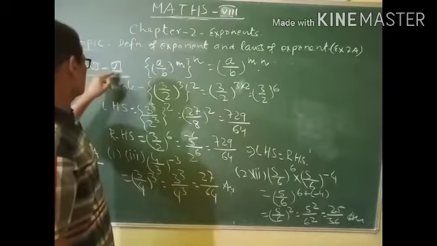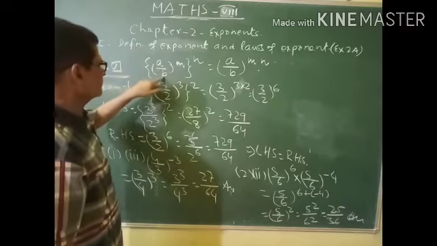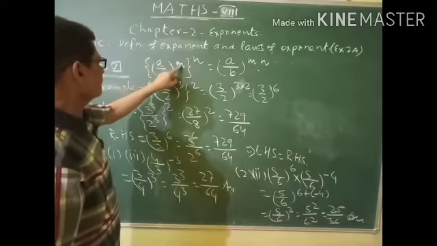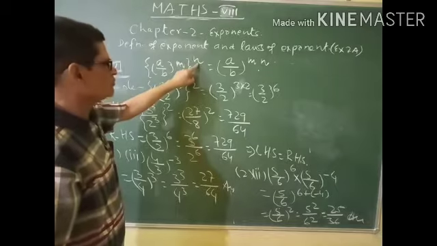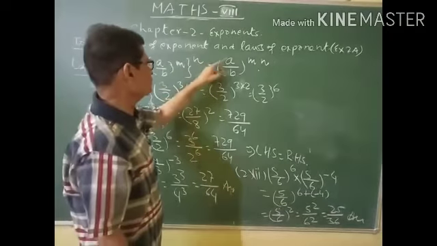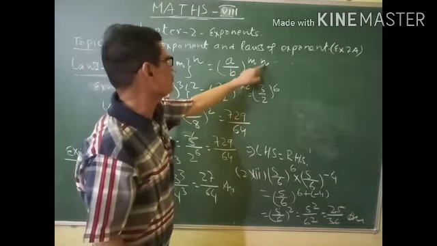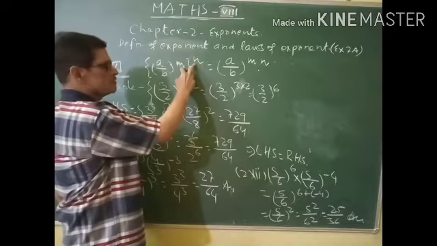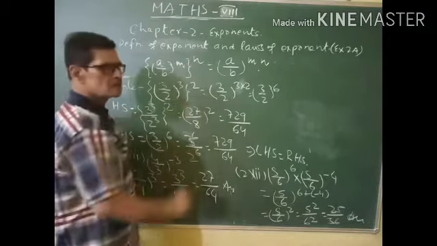I am explaining you law number 6. Law number 6 is ((a/b) to the power m) in the bracket, whole to the power n. This will be equal to (a/b) to the power m into n. Means if there are two continuous exponents, then we can multiply the exponents.